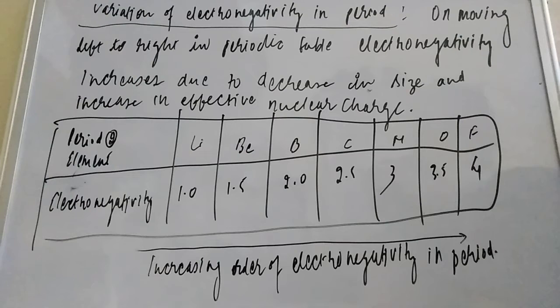When you are moving left to right in the period, electronegativity keeps on increasing. Why does it keep on increasing, student? When moving left to right, the size keeps on decreasing, and size is inversely proportional to electronegativity. So size decreasing means electronegativity will increase.